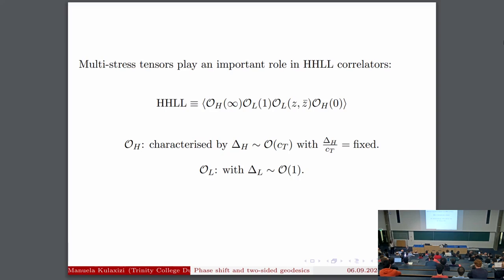So this is, of course, very generic, and here, the way we play this game, we do not specify what this heavy operator is, and that is really perhaps a caveat of the fact that we are not looking at a specific theory. But on the other hand, we'll see that we can get a lot of information out of that.